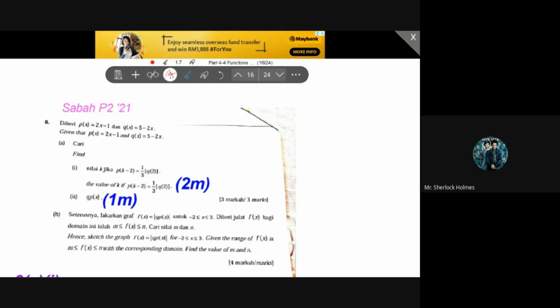Anyone ada jawapan boleh terus share. Because kan only 1 mark, 1 markah saja. Maksud dia jawapan betul kamu dapat dah 1 markah. If your answer is right, you get 1 mark already.